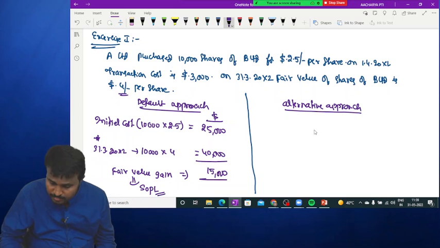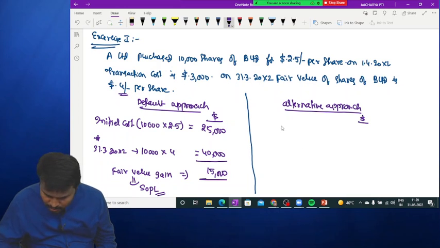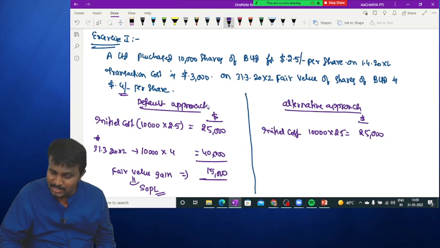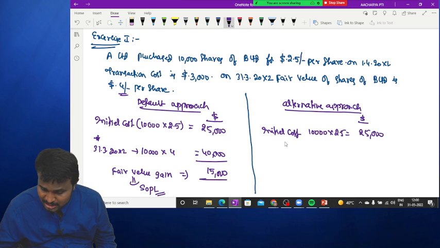Okay now, in case of alternative approach, the initial cost is 10,000 into 2.5, which is 25,000. What is the difference between default approach and alternative approach? One of the differences is transaction cost.